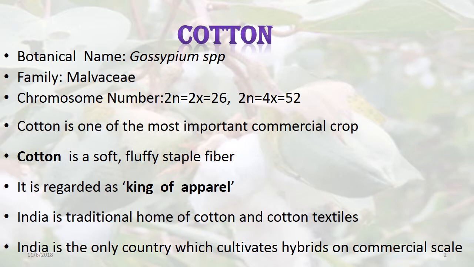It is the most important commercial crop which is a soft, fluffy, staple fiber. It is regarded as king of apparel. India is the traditional home of cotton and cotton textiles. It is the only country which cultivates hybrids on a commercial scale.